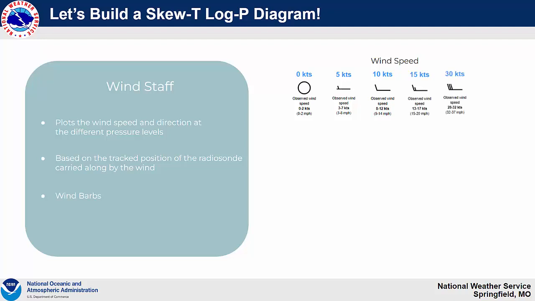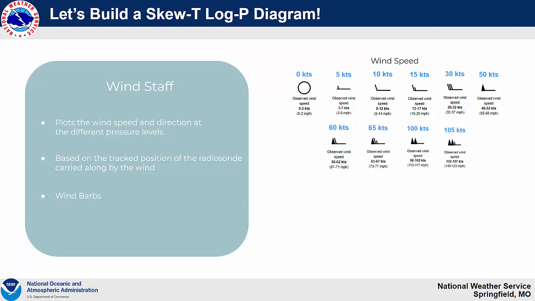We can also combine these long and short wind barbs to represent even higher wind speeds. So, for example, a long barb and a short barb can represent 15 knots because that's 10 knots plus 5 knots. And 3 long wind barbs can represent 30 knots. Once we get to 50 knots, however, that is represented by a pennant. And we can also combine pennants and these short and long wind barbs to represent even higher wind speeds.